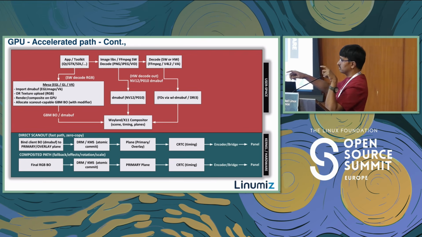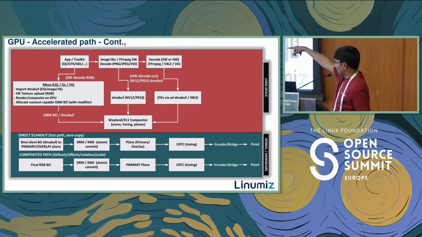This means there is no additional pass. Instead, the application can directly render into the plane, and then the plane is scanned out to the real hardware. When there is a modifier which isn't supported, we need an additional pass in the compositor which translates into RGB again, and then gives it to the primary plane to display into the CRTC timing system. So that's one difference.